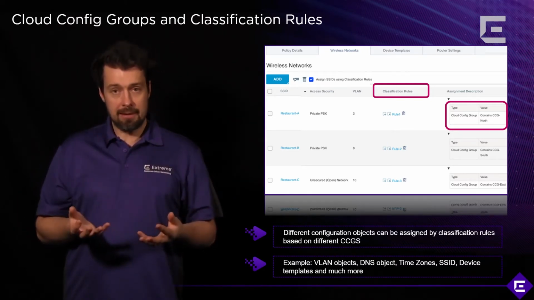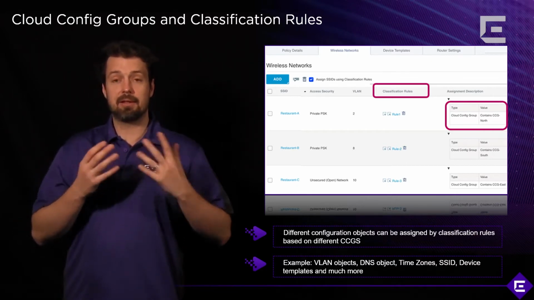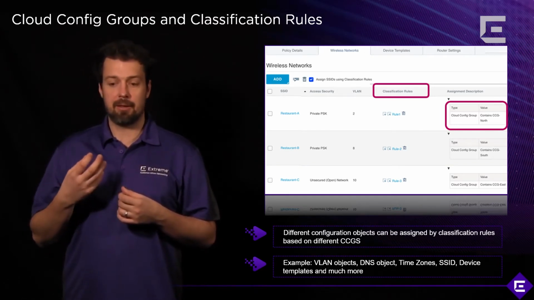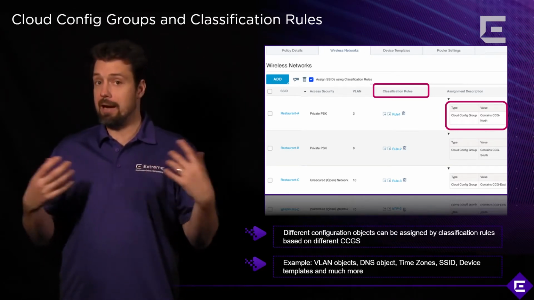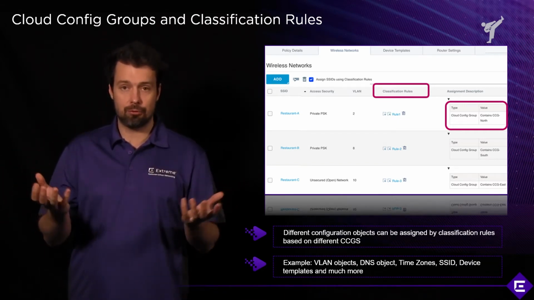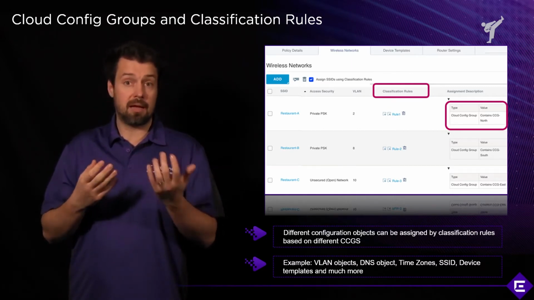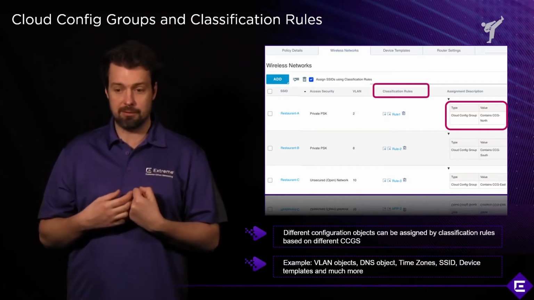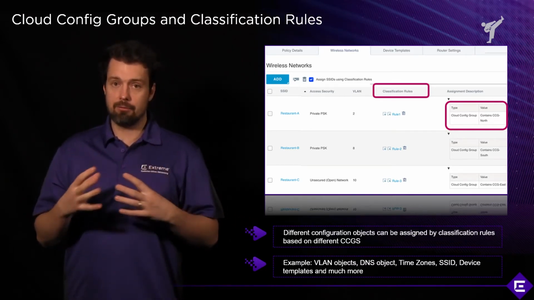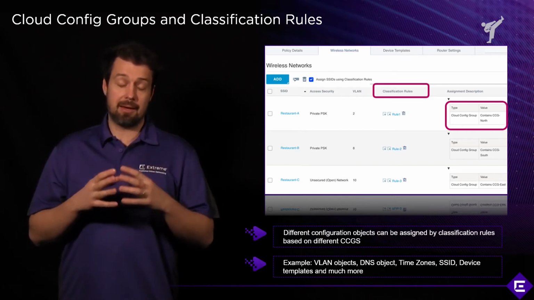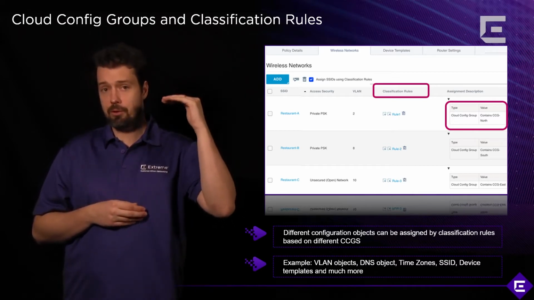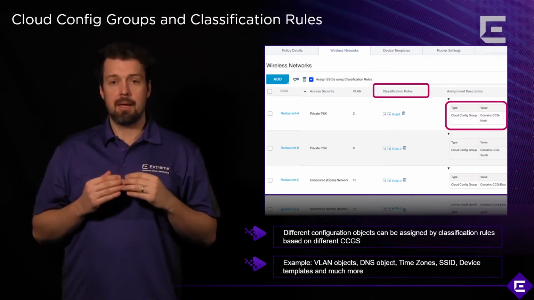Then, when you're creating your network policy, you'll be creating classification rules that will use these tags to implement something like VLAN assignment or RADIUS server assignment, different RADIUS server for different locations, different RADIUS server for different types of deployments, different time zones, different SSIDs, captive web portals, or different device templates with different radio profiles. So a lot of different rules can be built, and these rules are then visualized. When you go to your network policy, you will see those rules visualized top to bottom in your configuration.